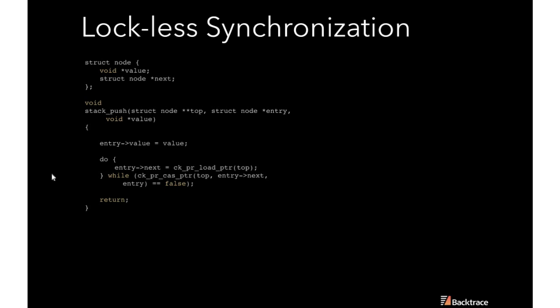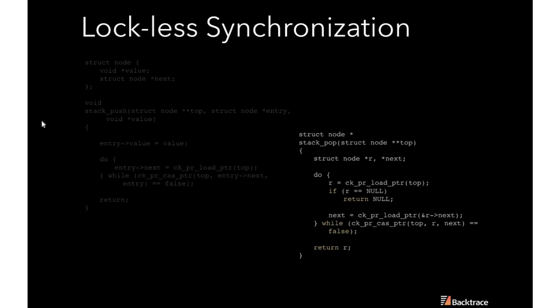So this is a lock-free progress guarantee with respect to stack push. For any number of threads that are executing, it's guaranteed that at least one thread will be making forward progress. Stack pop is implemented in a similar fashion. We take a snapshot of the top of the stack, and we look at the next node relative to the node that was on the top of the stack.